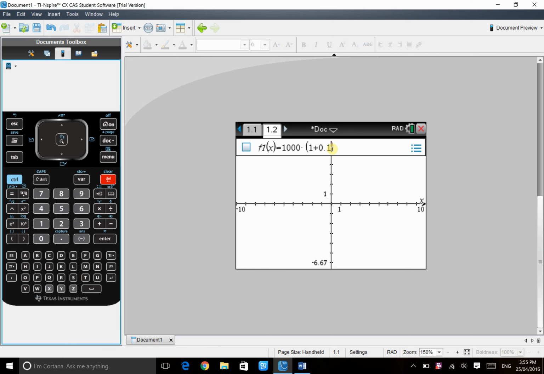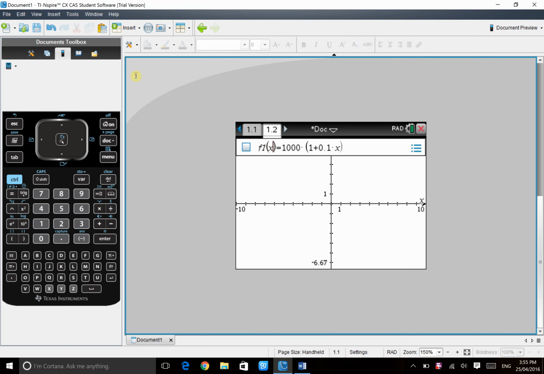We must change all the variables to x, because f1(x), your variable is x here. If you put t here, you can't see your graph. So let's type this equation in. Let's press enter.